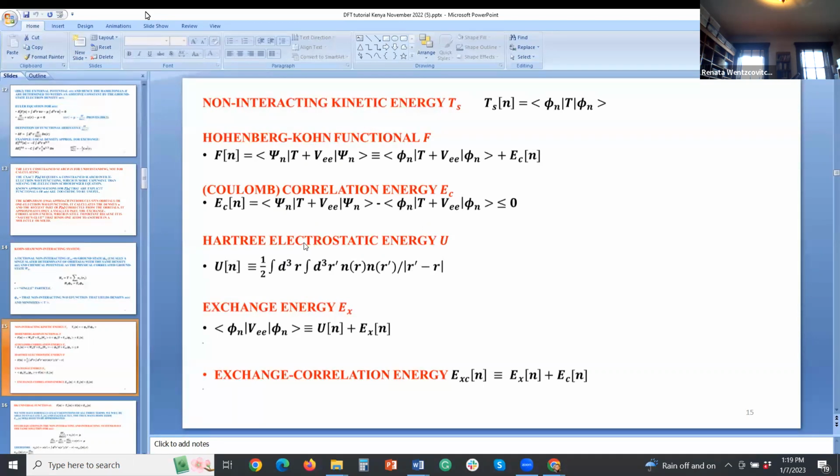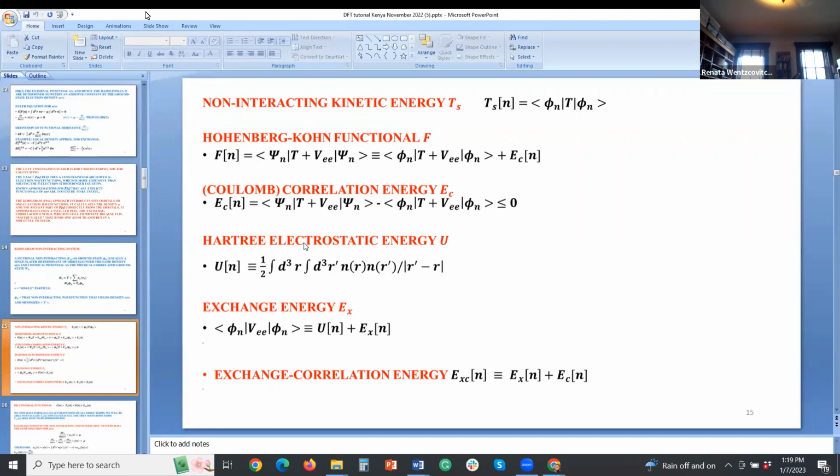The Hohenberg-Kohn functional for the interacting system was defined before to be the expectation value of T plus VEE using that wave function that yields the density n and minimizes T plus VEE.